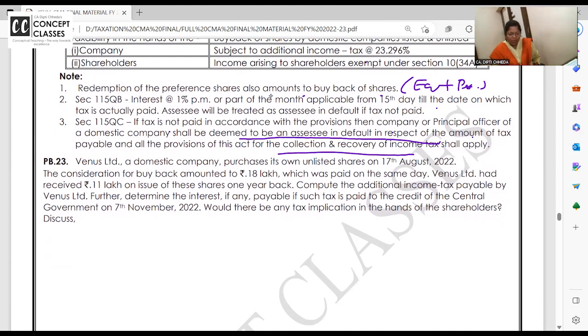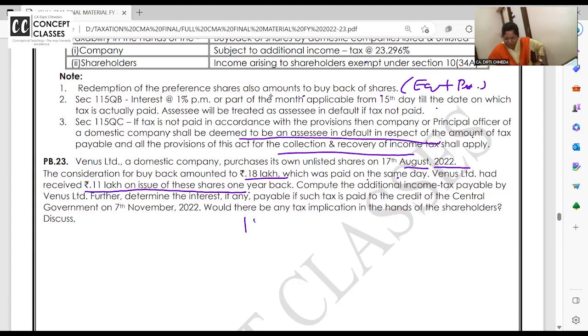Venus Limited, a domestic company, purchases its own shares on 17th August 2022. The consideration of buyback is 18 lakhs, which was paid on the same day. So on 17th August it paid the shareholder. Venus Limited has received 11 lakhs on the issue of the shares.